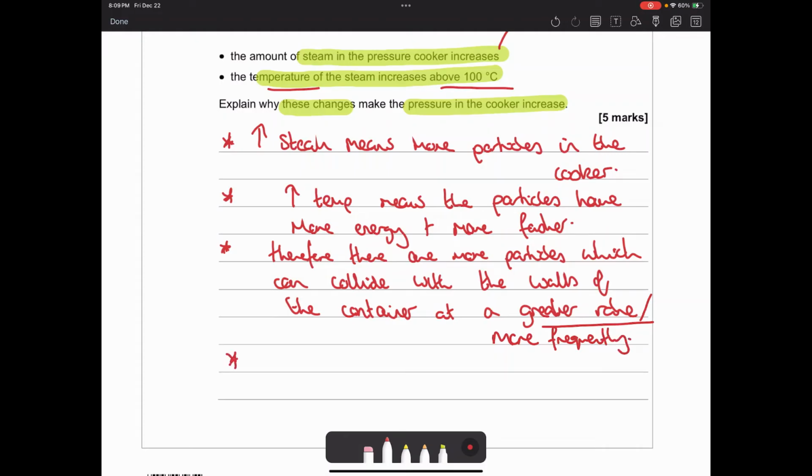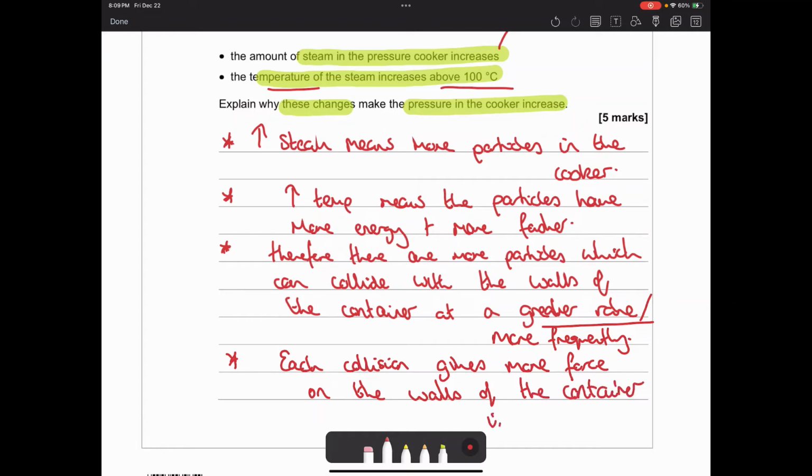And then for linking it back, why is that increasing the pressure? Each collision gives more force on the walls of the container, increasing the pressure.